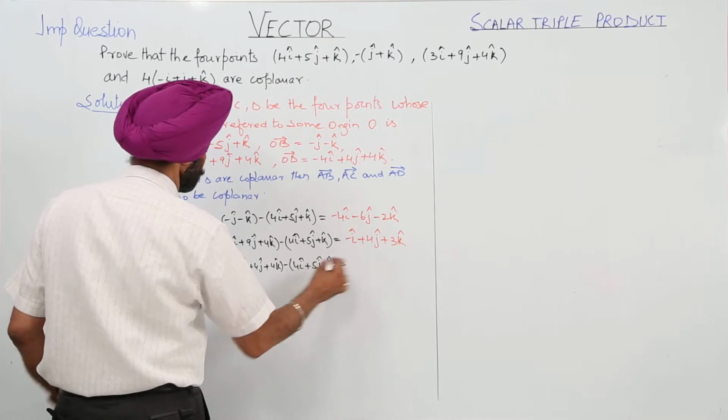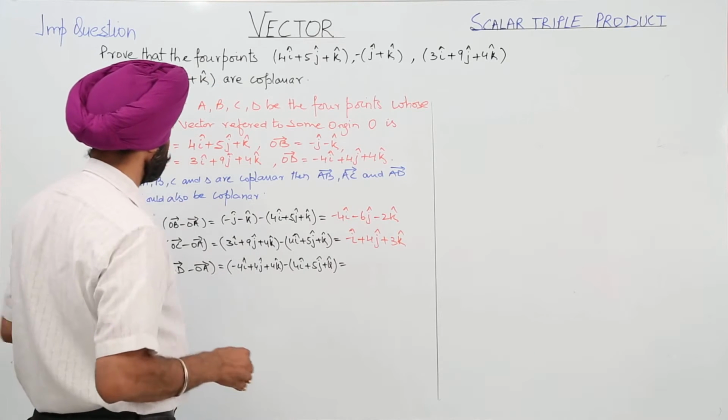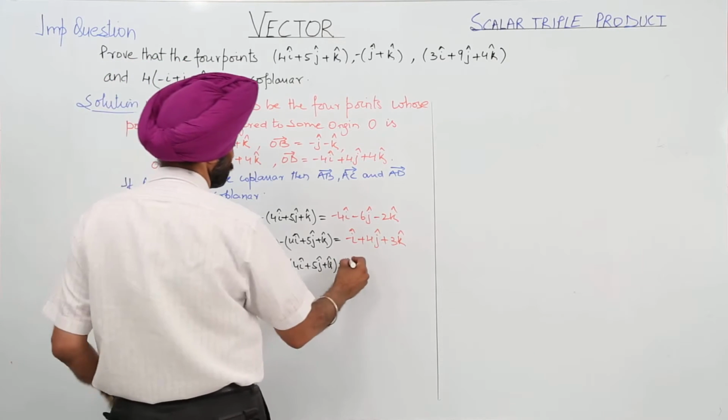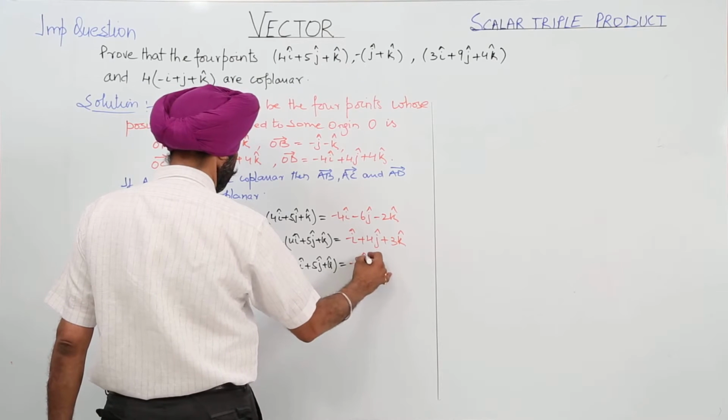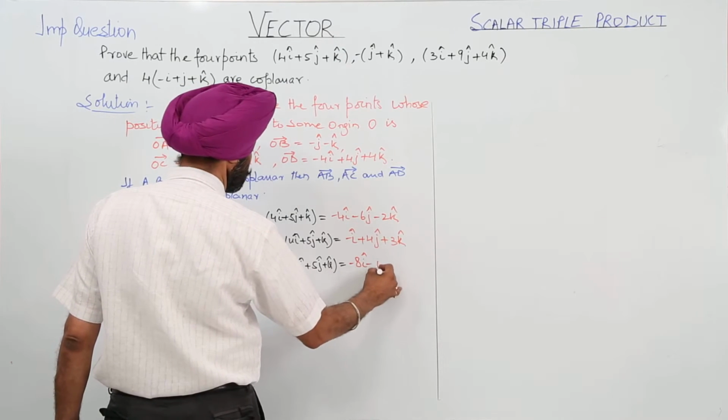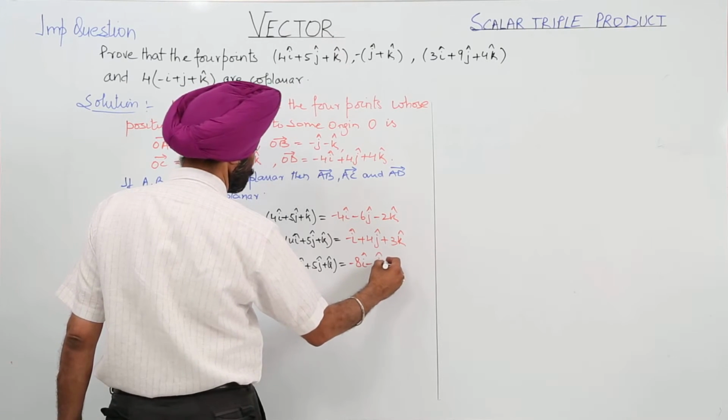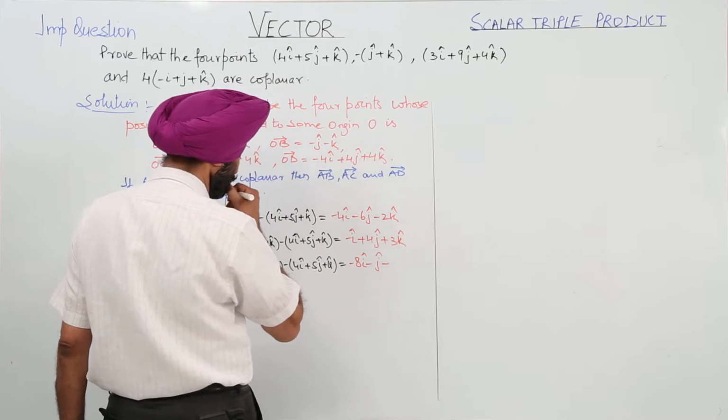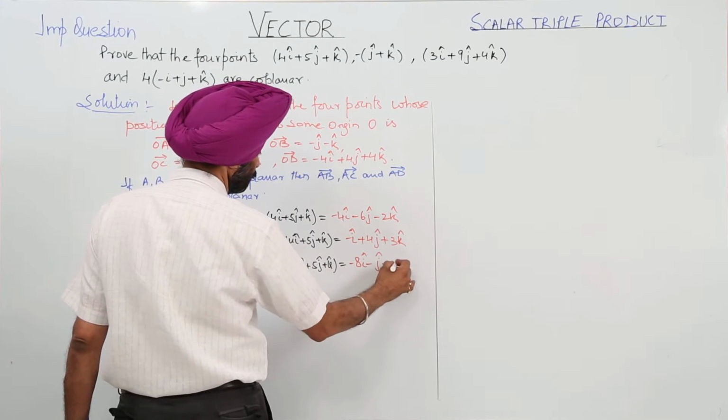Now this is equal to minus 8 i cap minus j cap plus 3 k cap.